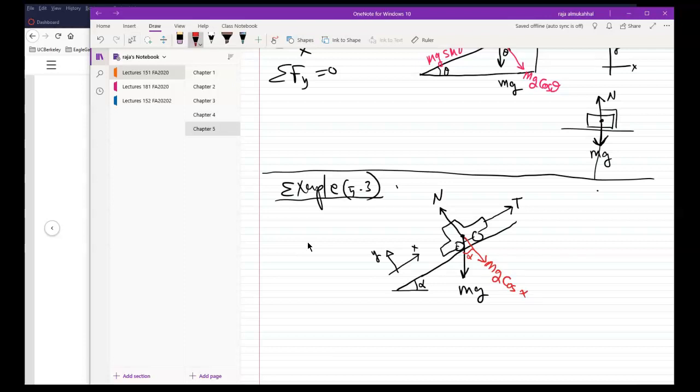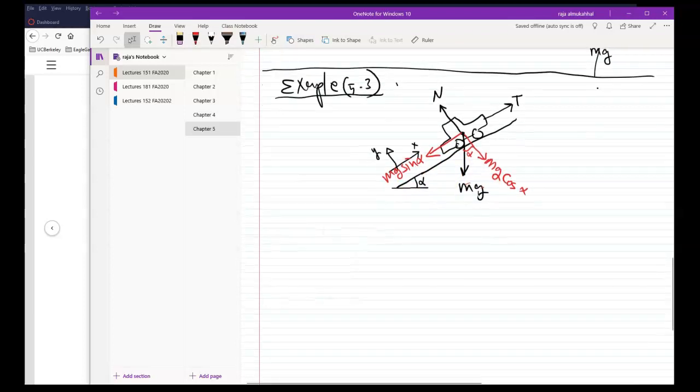And then I have here mg, like this, sine alpha. That's it. Now I can ignore this mg right here. See what I'm saying? I can ignore it because it's been replaced with those two vectors. And now all I need to do is apply Newton's second law for that. Let's do it.